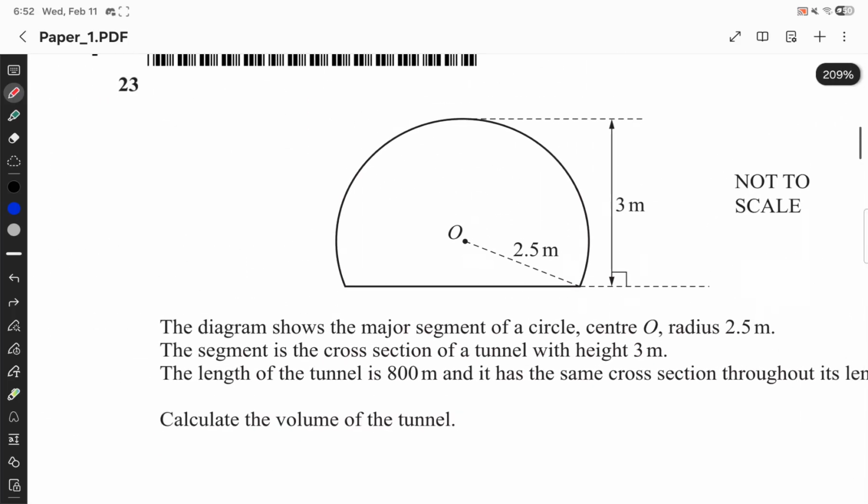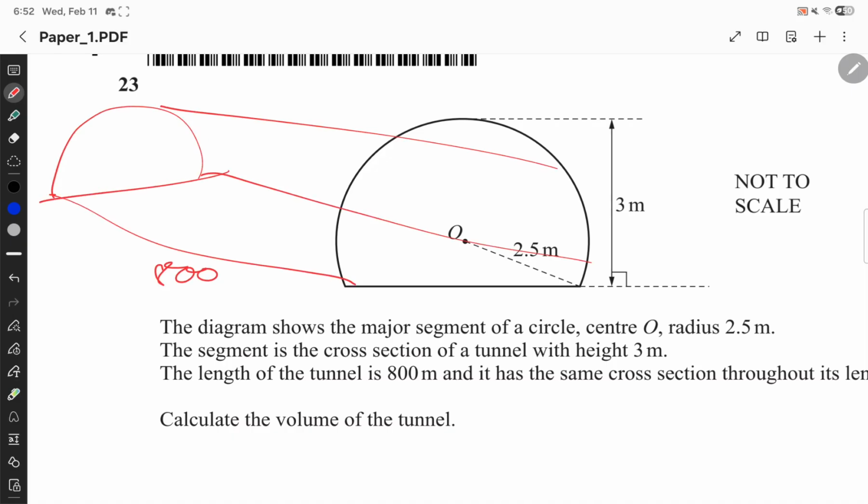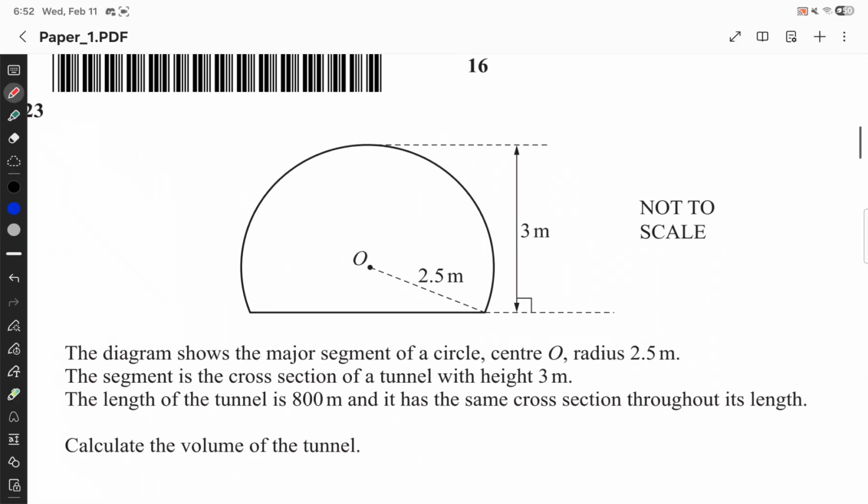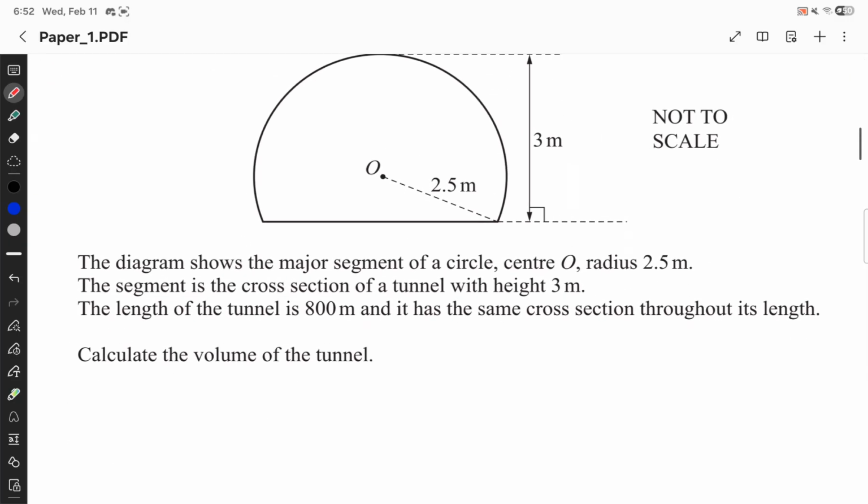So we have a tunnel here with radius 2.5 and a total height of 3, and the length of the tunnel is 800 meters. If we draw this 800 meters, this is like a prism type of thing, and we need to calculate the volume of this tunnel.